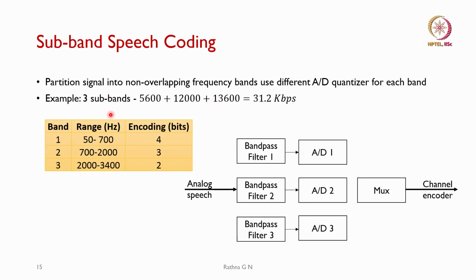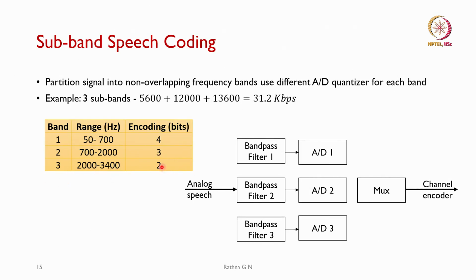These are the 3 bands that you have. For the 50 to 700 range you will use 4 encoding bits, because most of the signal is present there. You give more bits in this range and one bit less in the 700 to 2000 range, where there is not much information.